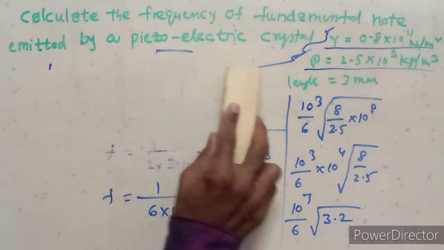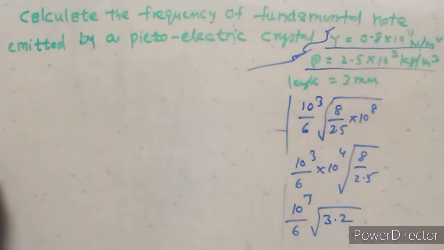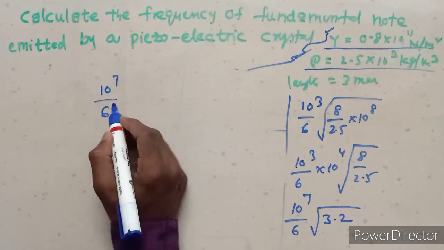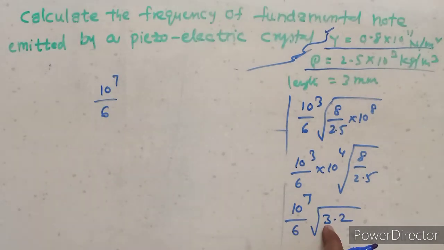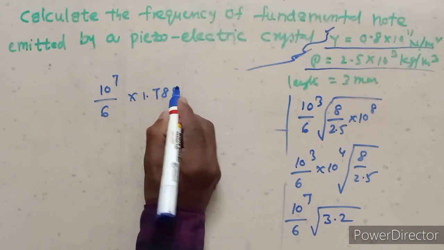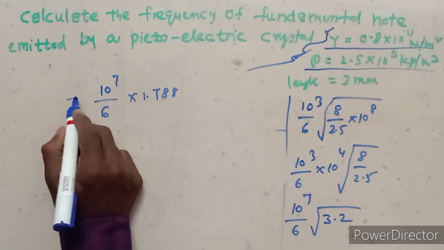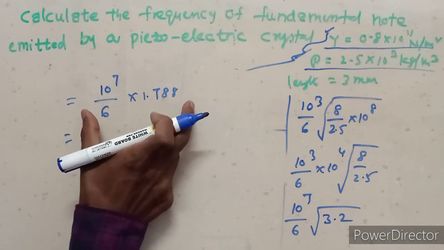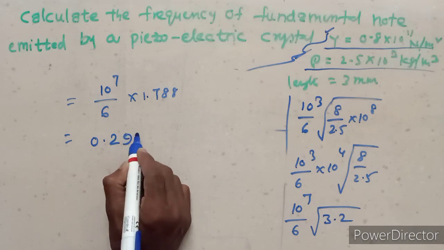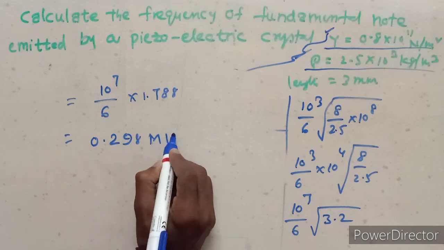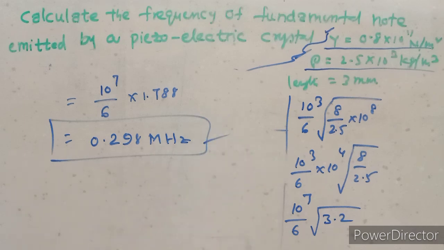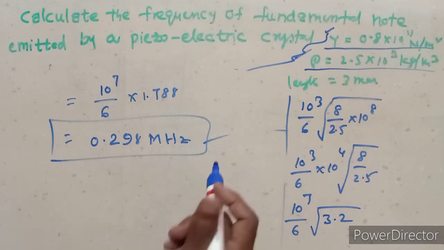Further simplification, 10 to the power of 7 upon 6, the under root 3.2 is 1.788. Finally, the simplification gives 0.298 megahertz. This is the frequency of the piezoelectric crystal.